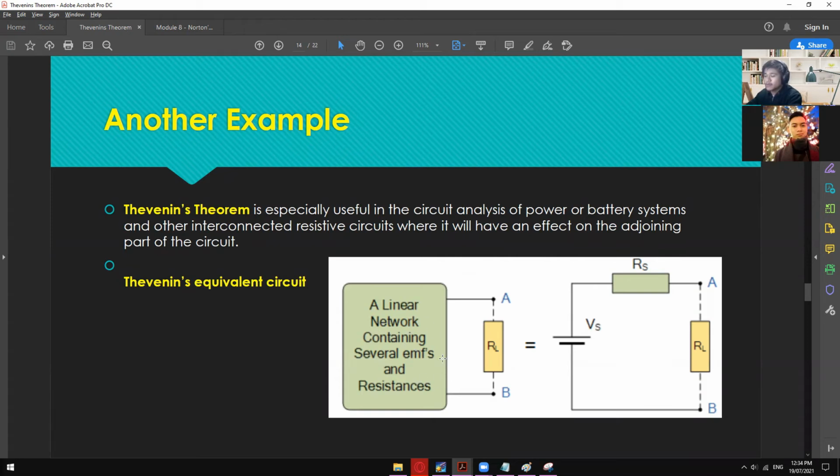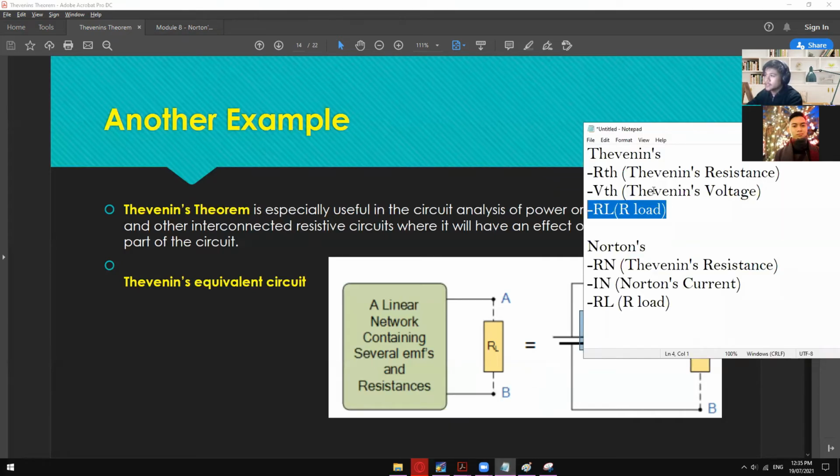So the ones that we had a while ago are the linear components. As long as they are linear, we can simplify that one and solve for the RTH and then the VTH. Just take note that in here, the VTH is equal to Vs. That's the term that they used in here.